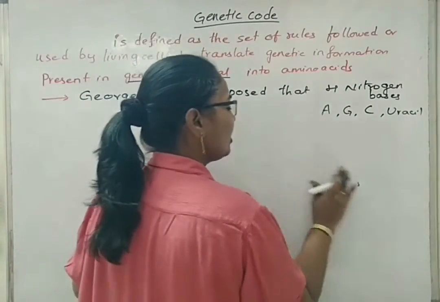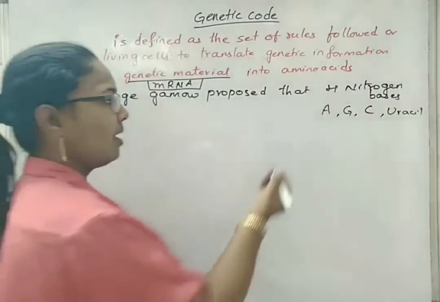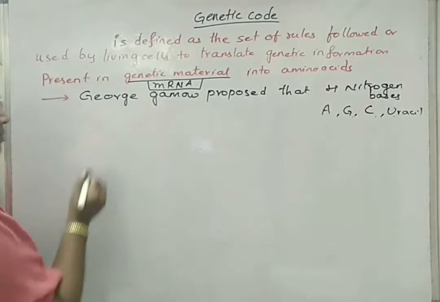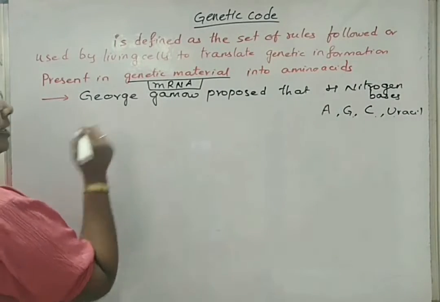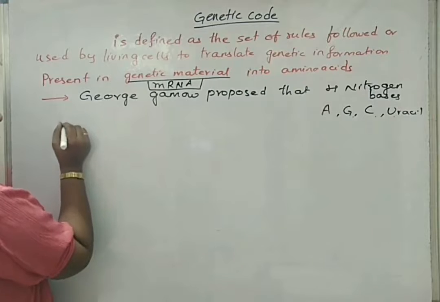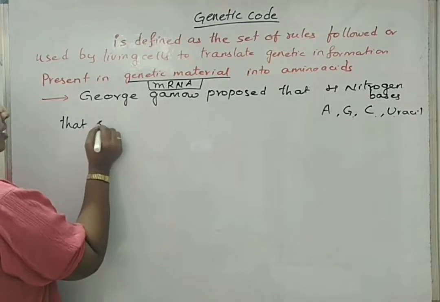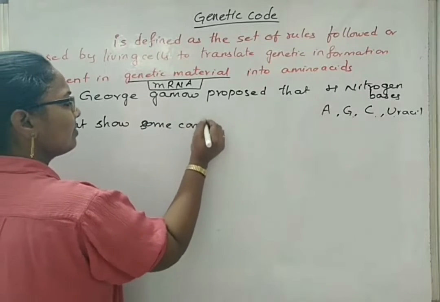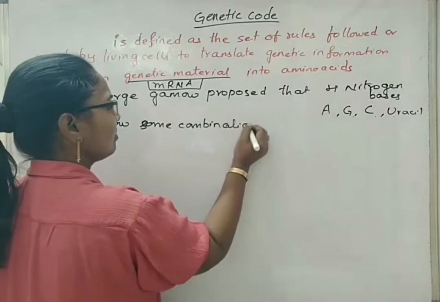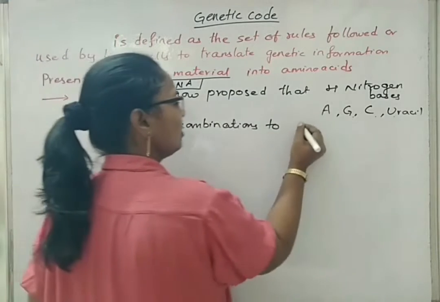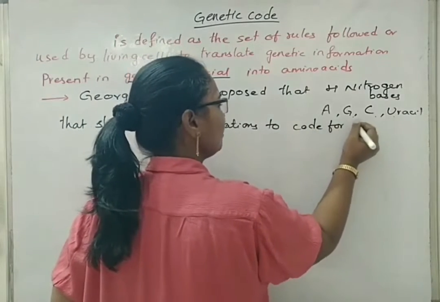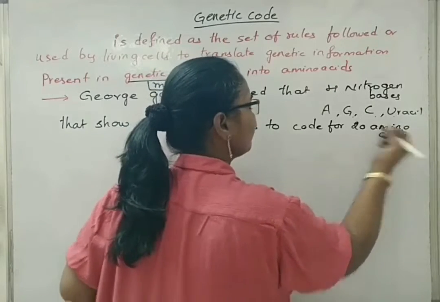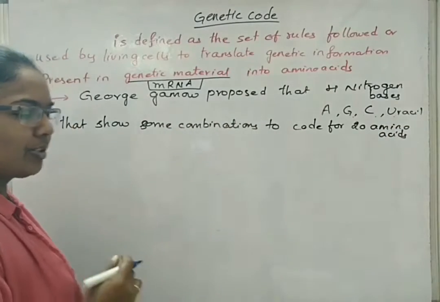So the nitrogen bases present in mRNA are adenine, guanine, cytosine and uracil, not thymine. So George Gamow proposed that the 4 nitrogen bases show combinations to code for 20 amino acids. This is the proposition given by George Gamow.